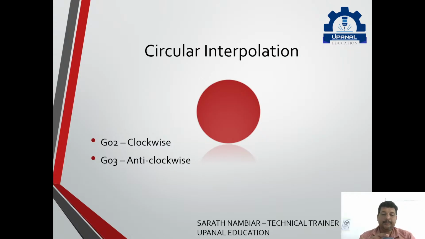And when it is in the opposite direction, this side, it is called anti-clockwise. Just as your clock turns is clockwise, and the opposite of that is anti-clockwise. So G02 is used for clockwise circular interpolation, and G03 is used for anti-clockwise interpolation.